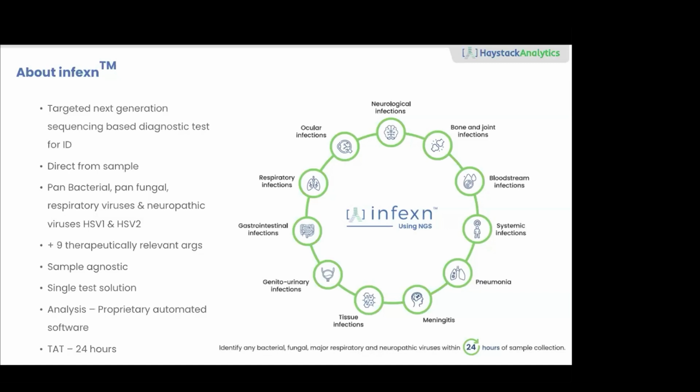It is pan bacterial, pan fungal, and we have also included respiratory viruses and neurotropic viruses, and 9 therapeutically relevant antimicrobial resistance genes. It is sample agnostic except for a few, which I will touch upon. It's a single test solution, and there's a proprietary automated software that churns out these results, and it has been validated and is due to get registered now.